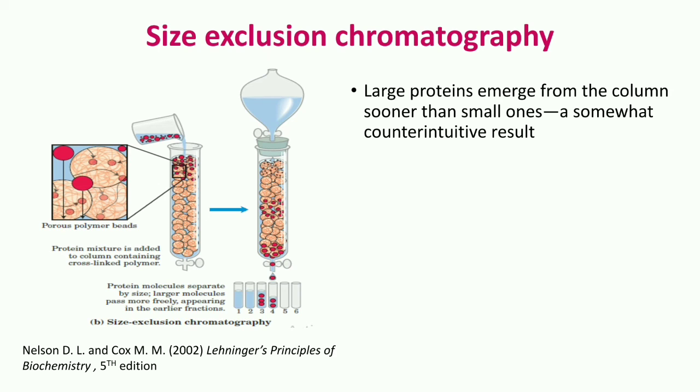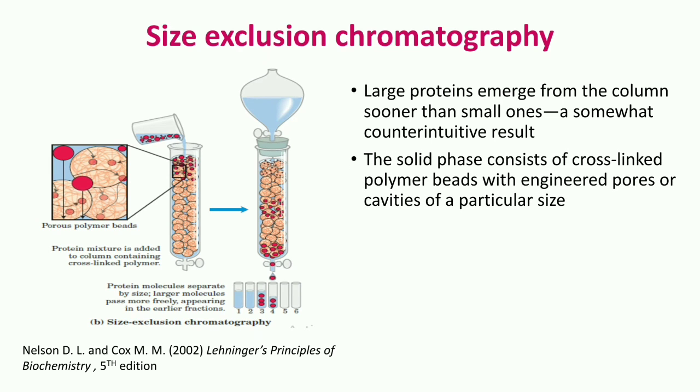Larger proteins emerge from the column somewhat sooner than the small ones. This is a counterintuitive result. The solid phase, that is the beads, consists of cross-linked polymers.